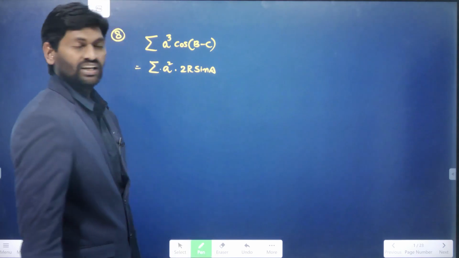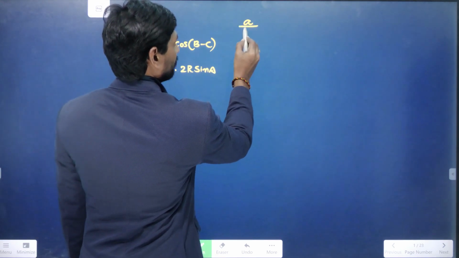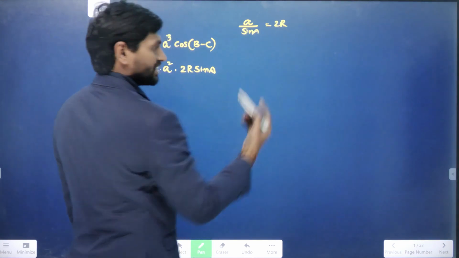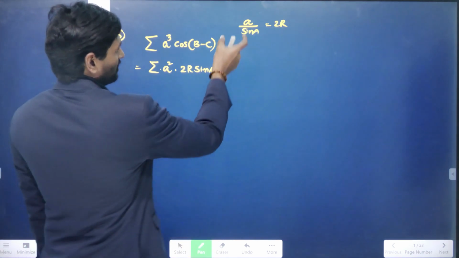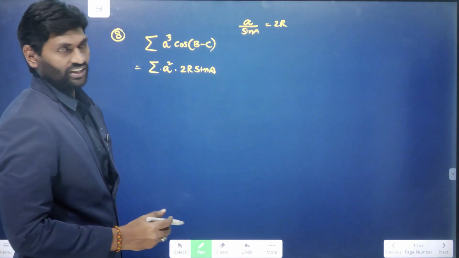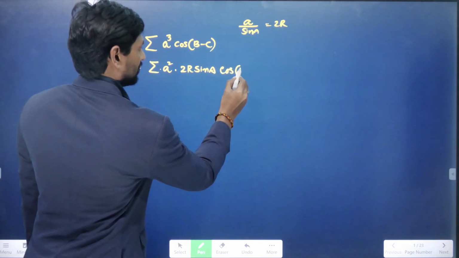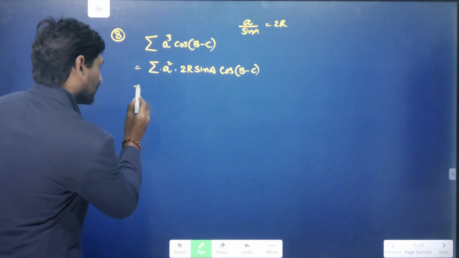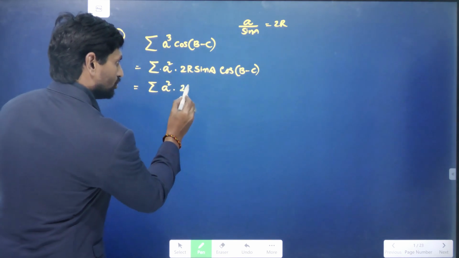By the sine rule, we know that a by sin a equals b by sin b equals c by sin c equals 2r. From this, a is equal to 2r into sin a, into cos(b minus c). So that equals sigma a square into 2r.